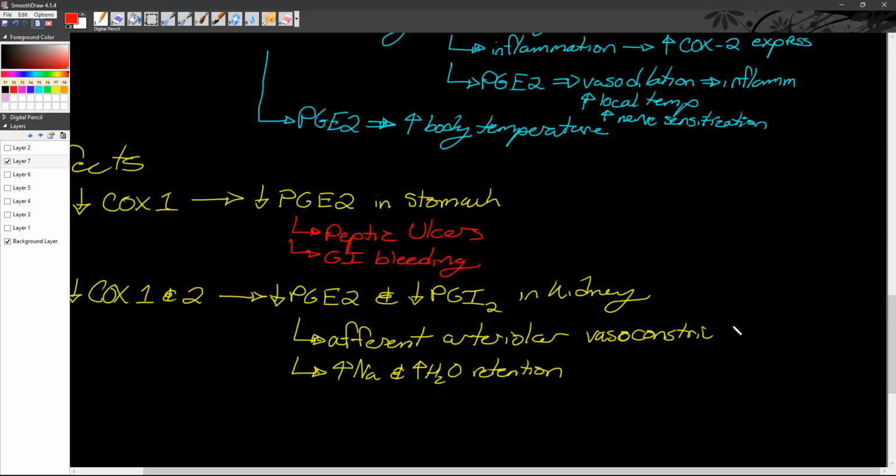What this means is that the vasoconstriction is creating an unbalanced change in filtration, and so we end up getting a decrease in GFR. So the kidney is performing worse. And then on top of that, we're increasing our blood volume, which is going to raise blood pressure. It's going to increase the risk of edema.